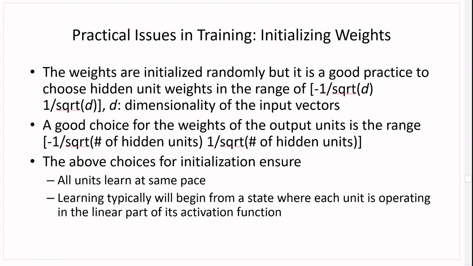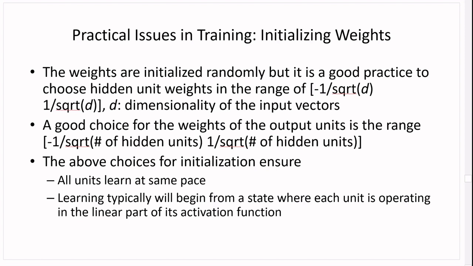The weights in the network are initialized, so people have found that if you don't initialize them in a proper fashion, again, the network may not converge, or it may take a very, very long time to converge.